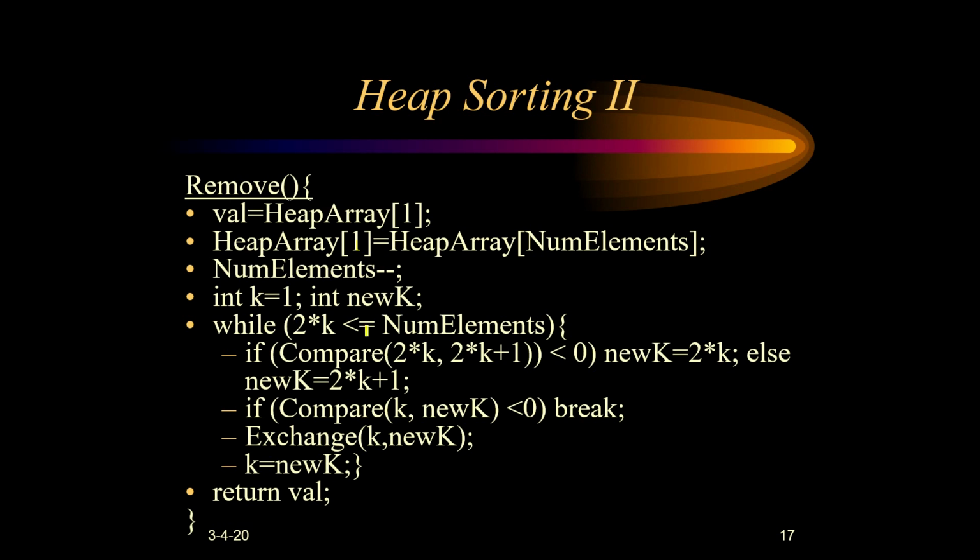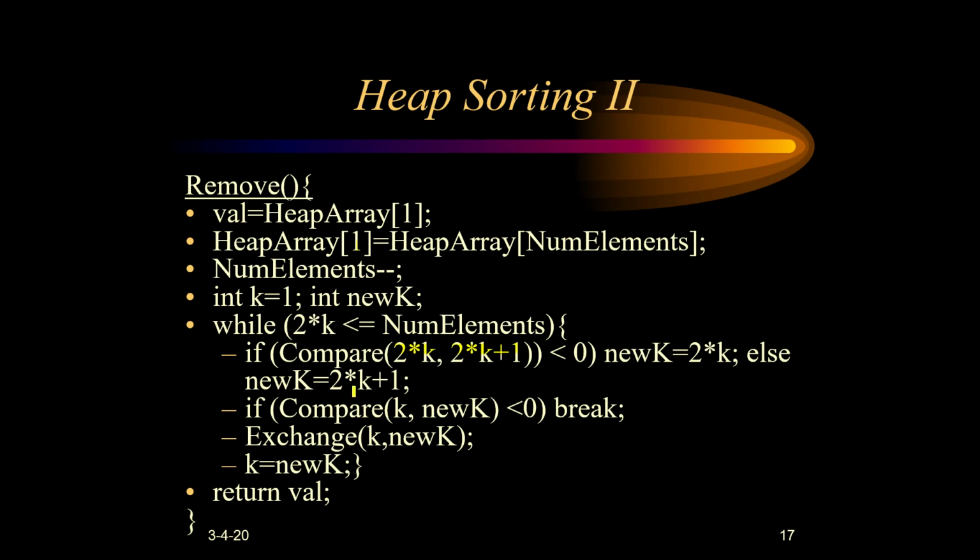For that, there are two main comparisons I need to do. First, I compare the left child and the right child of my root node. If the left is lesser than the right, I set the new k equal to the left one. Else, I set the new k equal to the right one.